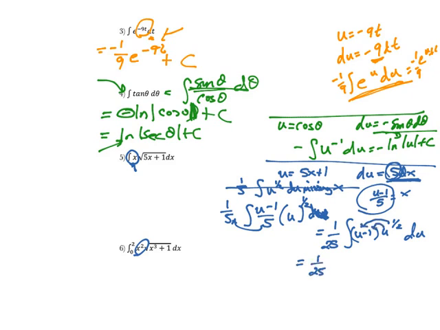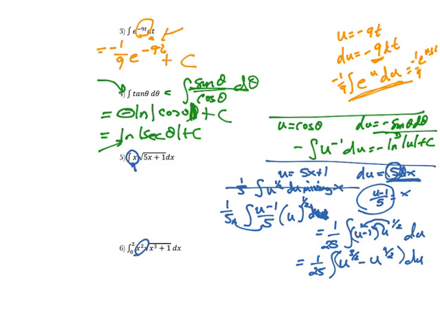So I'd have 1 over 25 times the integral of, so when I multiply variables with the same base, I add the exponent. So that exponent is 1. 1 plus 1/2 is 3/2. And minus 1/2, so that's just u to the 1/2. All of that du. Now I'm able to integrate that particular problem.